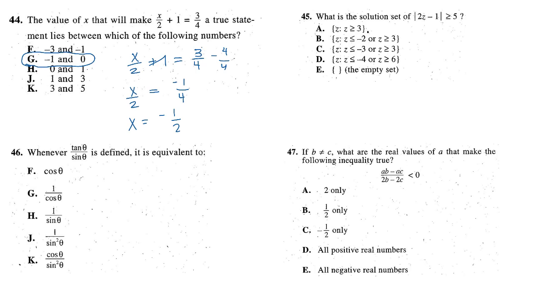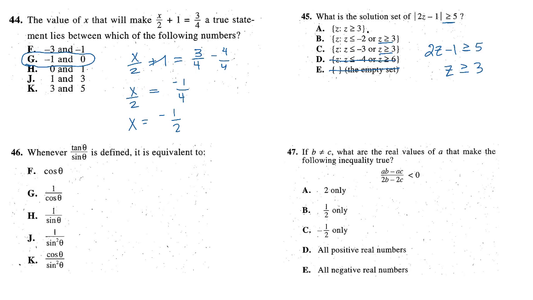45, we have the absolute value of this set of numbers has to be greater than or equal to 5. So that means one case is already here for us. It's greater than or equal to 5. So z is greater than or equal to 3. So we need to find that. It's going to be here and here. So we can drop this, and we can drop this one.